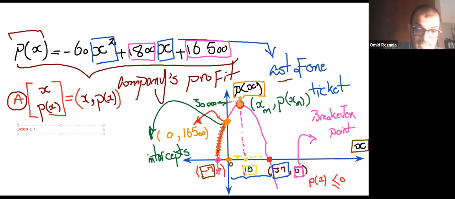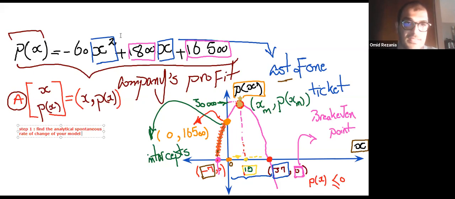Step number 1 is going to define the analytical spontaneous rate of change of your model. It's going to be our step number 1.